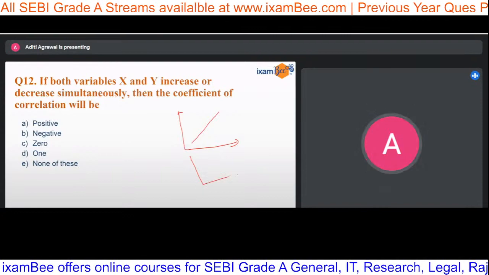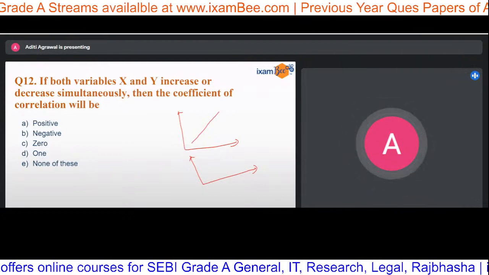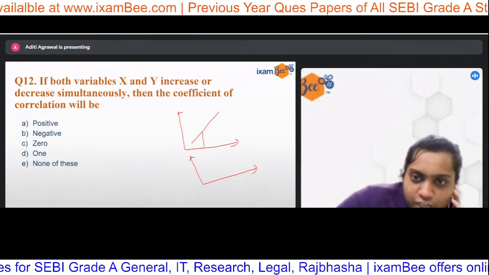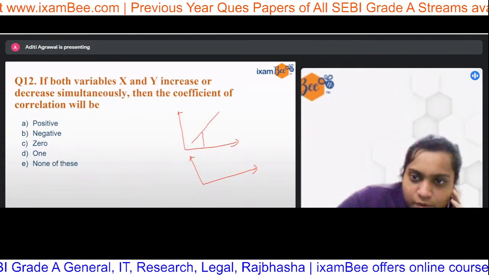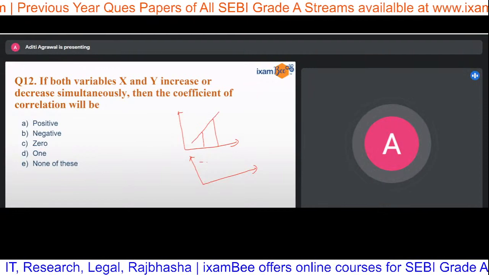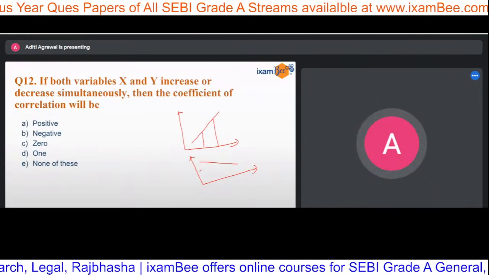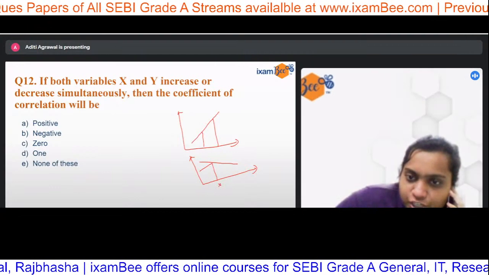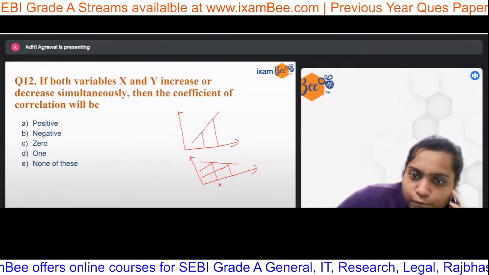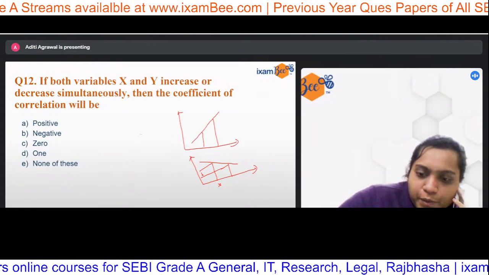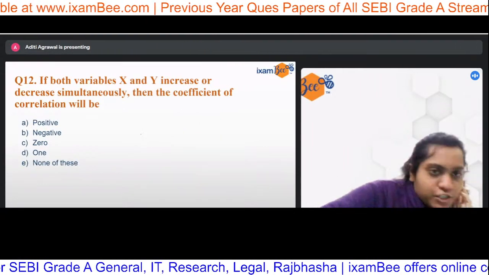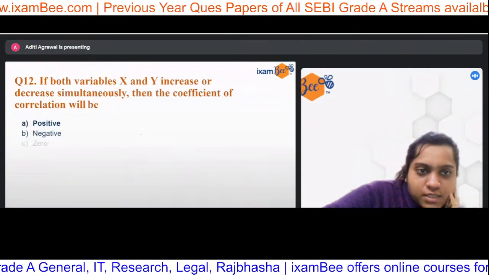A positive relationship means that if there is some change in one variable, there is a proportionate change in the other variable in the same direction. If they are decreasing, then if my x variable falls from this point to this point, my y variable is also falling. So obviously the relationship between the two will be positive. Yes, right, Amish, the relationship between the two variables is positive.